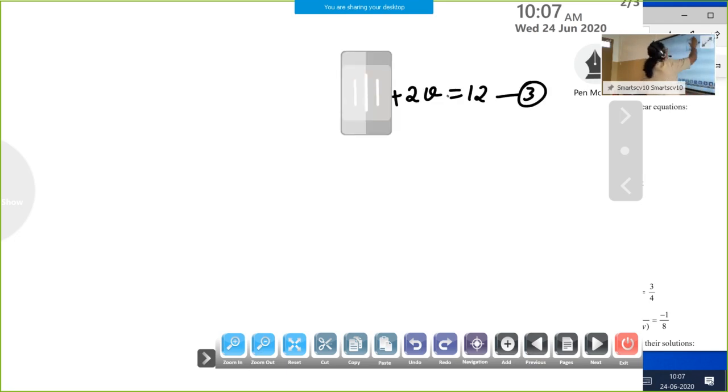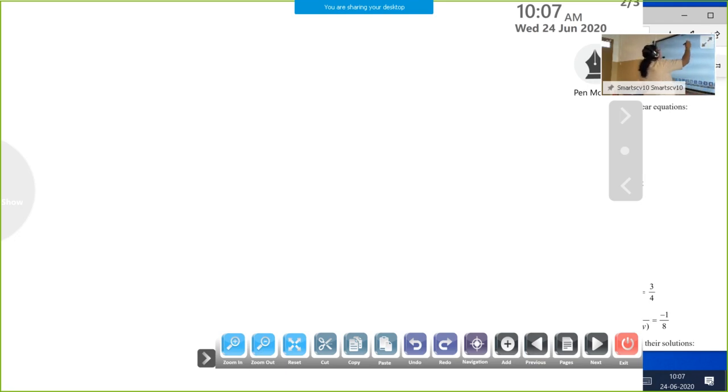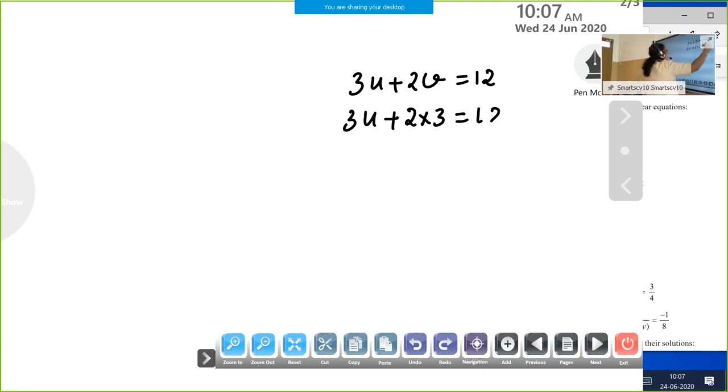Substituting the value of v, that is 3, that is 3u plus 2 into 3 is equal to 12.